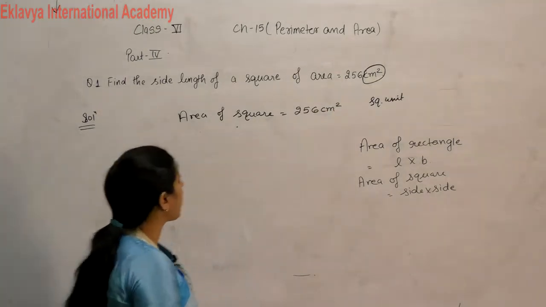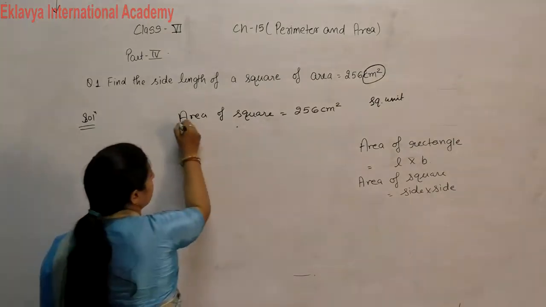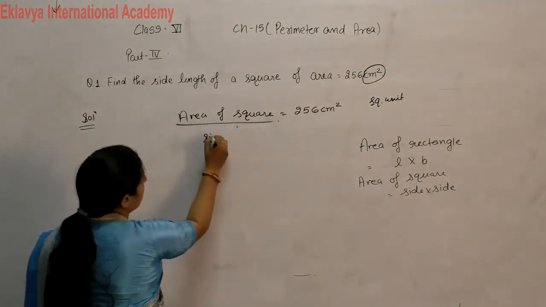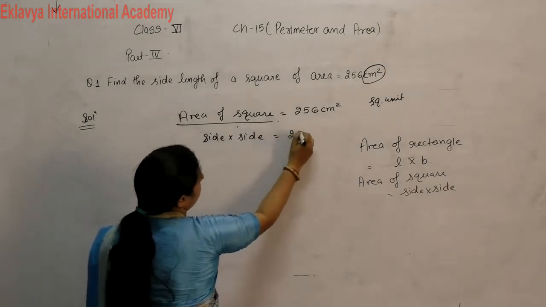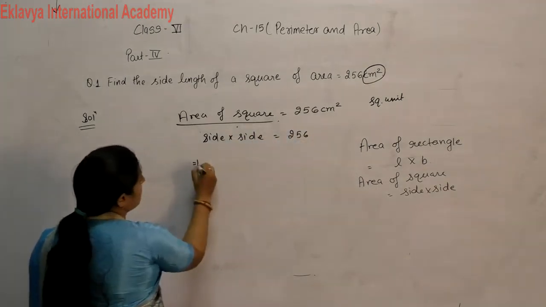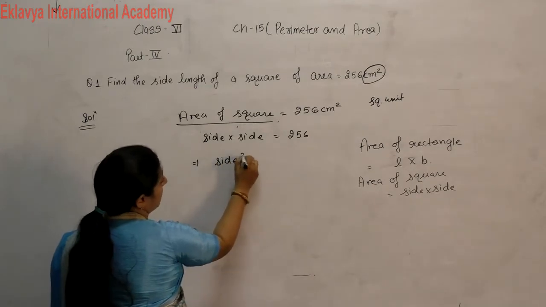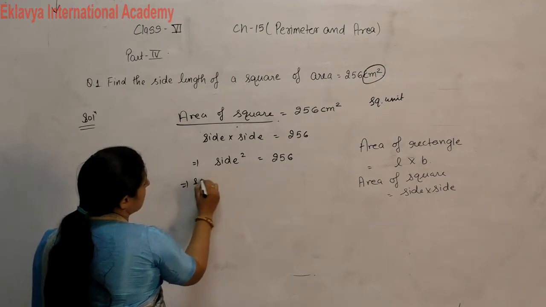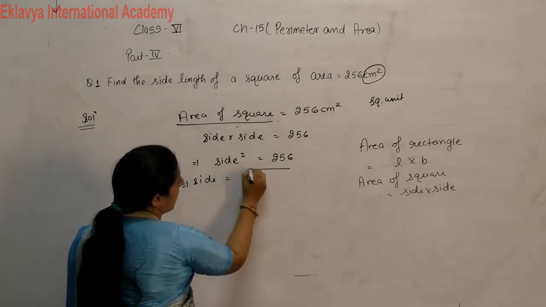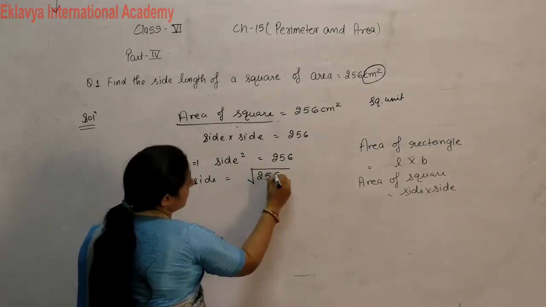We want to find the side of a square. Then what is the formula of area of a square? Side multiplied by side is equal to 256. It means side square is equal to 256. Then side is equal to square root of 256.